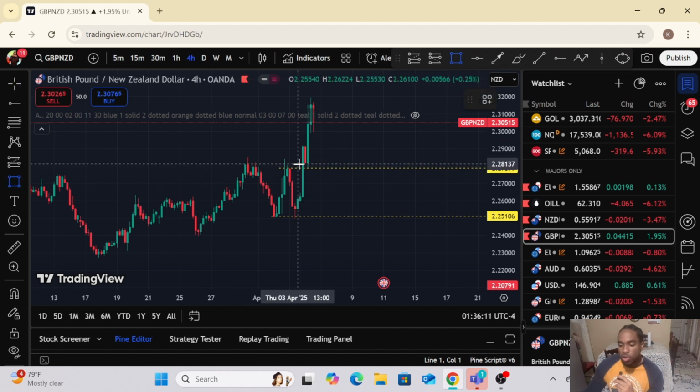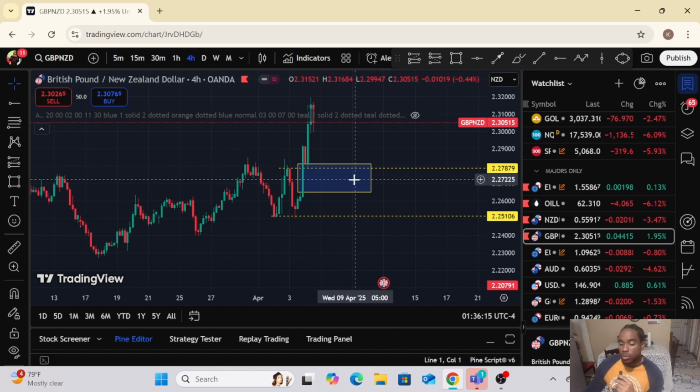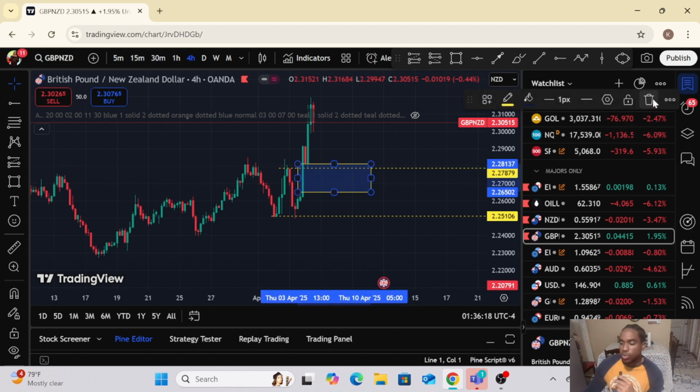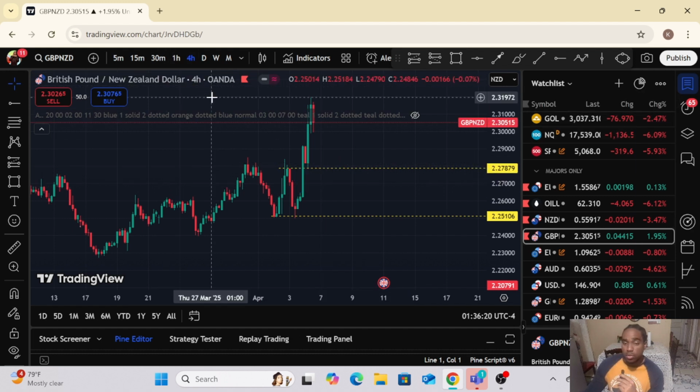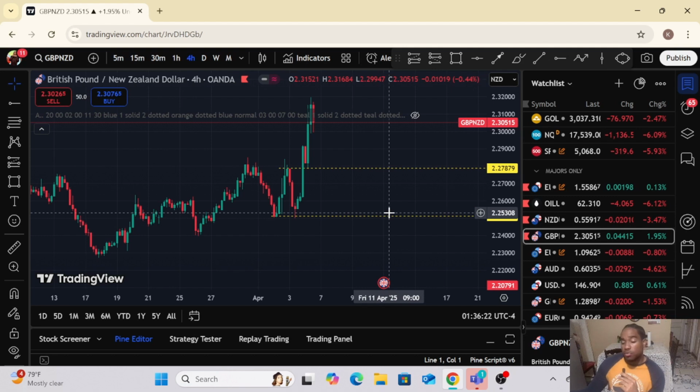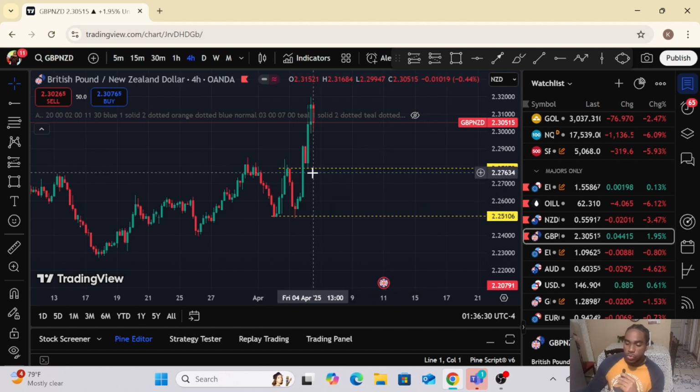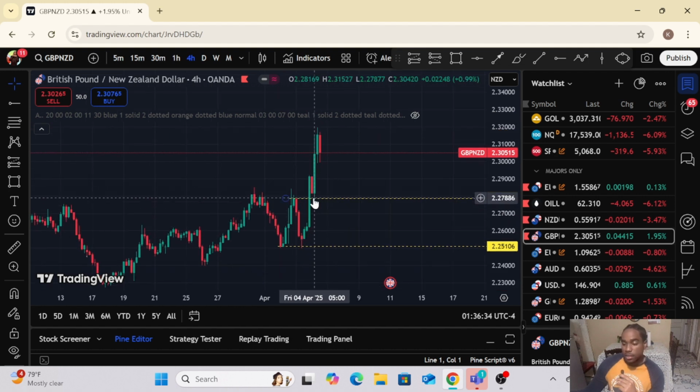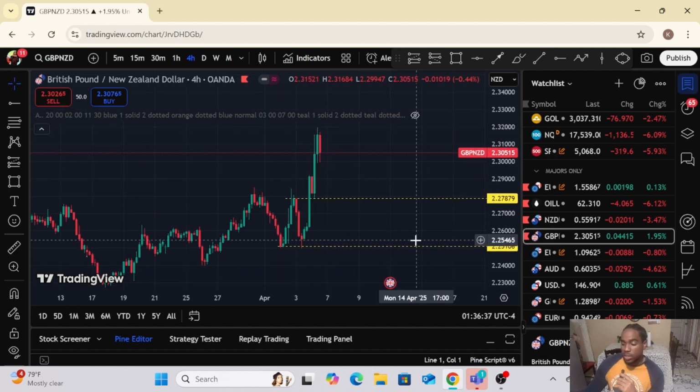Of course, a deeper retracement into the zone would always be better. You could go down to the 15 minutes or the 5 minutes and look for a nicer and cleaner market structure shift. But price isn't always going to follow your ideologies. So we could see price came into here just a little bit and did what? A further expansion to the upside.